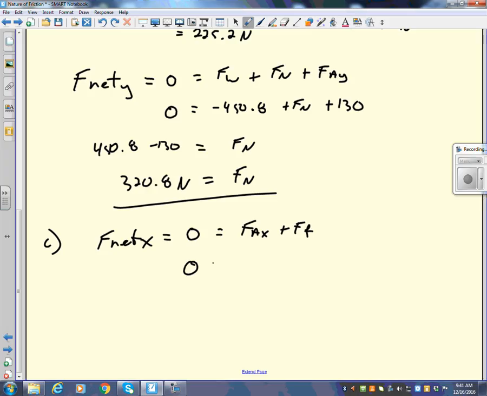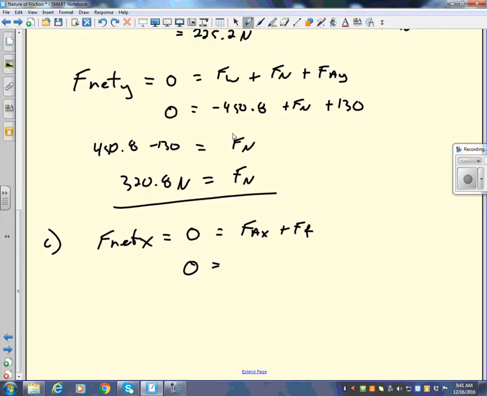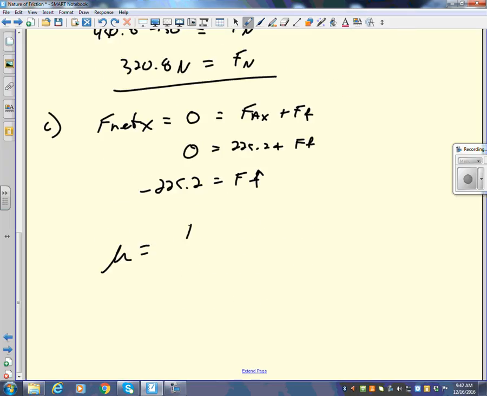So really, I'm okay with you just saying FAX. FAX was 225.2, right? So therefore, the friction force, FF, is minus 225.2. But that's really what's going on. And the last step, mu equals FF over Fn, right?